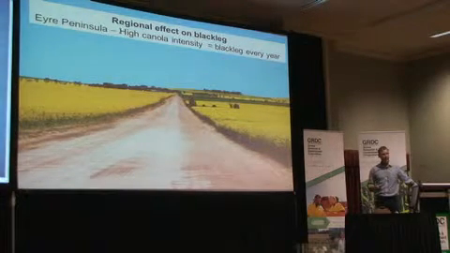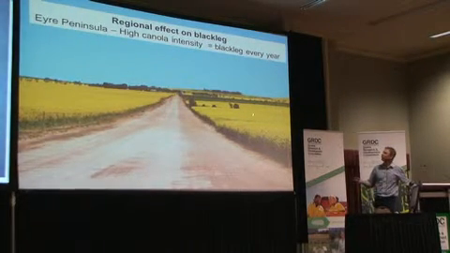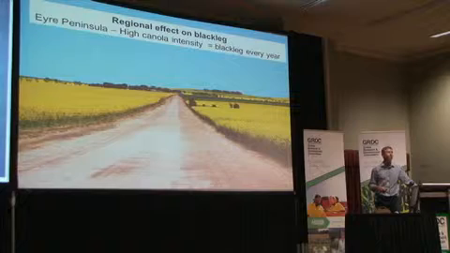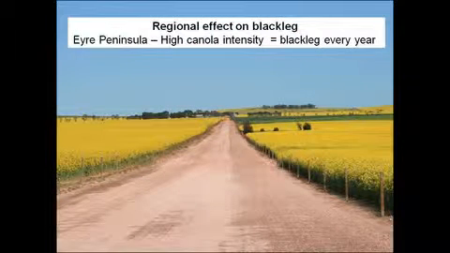The other thing with blackleg is it's really affected by which region you're in. It's really an effect of the intensity of the canola production. So this is a couple of years ago now, before Eyre Peninsula really got into canola. But when you have this level of production, basically you can't avoid the canola stubble.